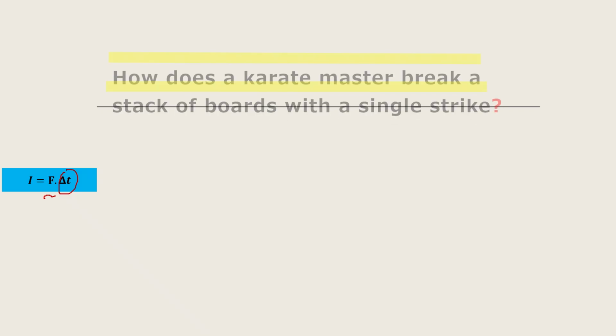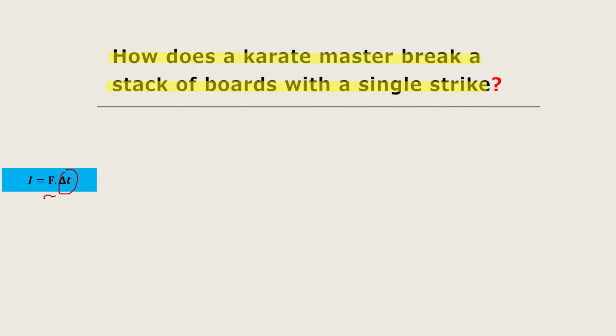Now we understand that impulse is equal to the product of force and the duration of time during which that force is applied. So now we can move on and ask our question again. How does a karate master break a stack of boards with a single strike?